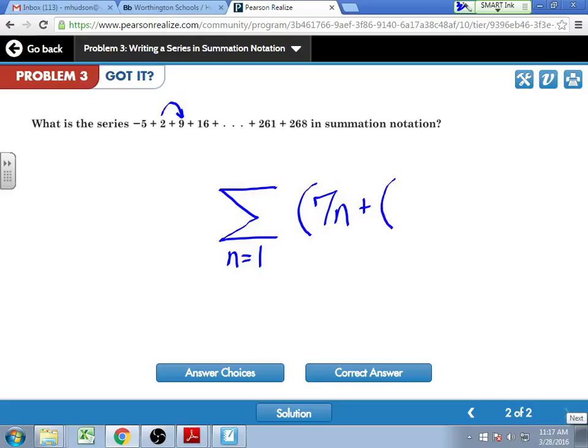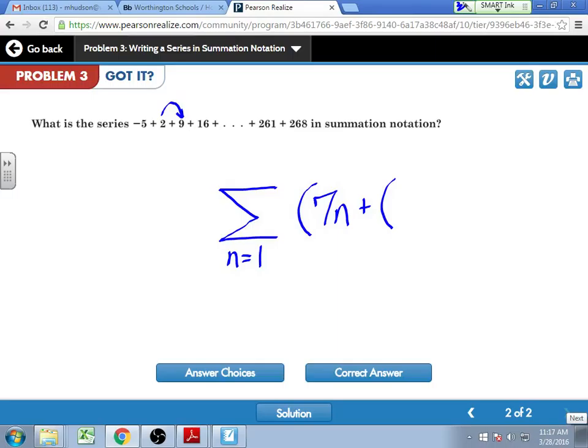So, do I use -5? Right? Because if I use -5, that won't work when I plug in n-1. So what do I actually have to do? -13. I have to go 7 down from my starting point to accommodate for this n-1, or like the n being in here.